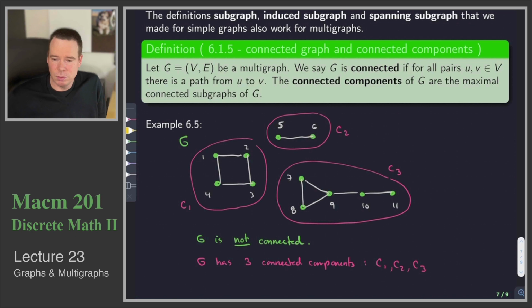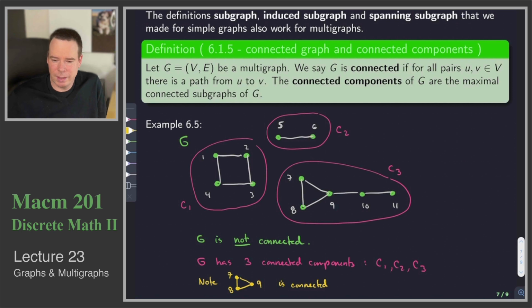And further, just to discuss a little bit about this part of the definition that says maximal connected subgraphs. What if we just consider this subgraph here, 7, 8, 9, and that little triangle. I'll redraw it down below. We're going to note that this subgraph, 7, 8, 9, is connected.